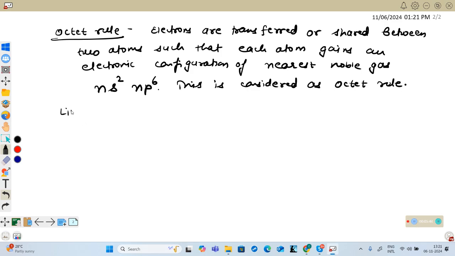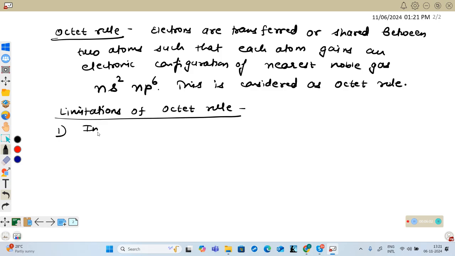Now there are certain limitations. We see there are many molecules existing and they are formed spontaneously even though they are not following the octet rule. So limitations of octet rule. The first is molecules having incomplete octet.